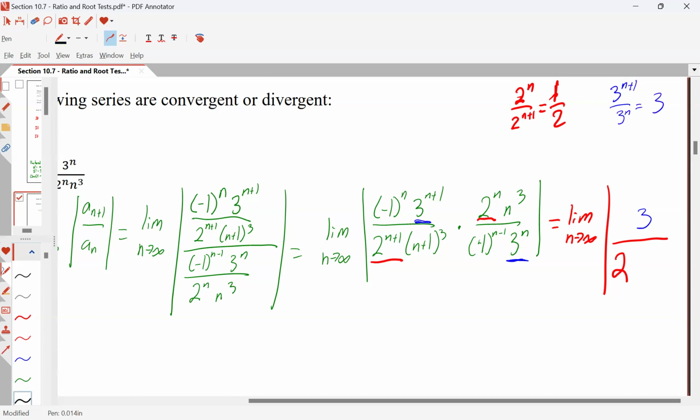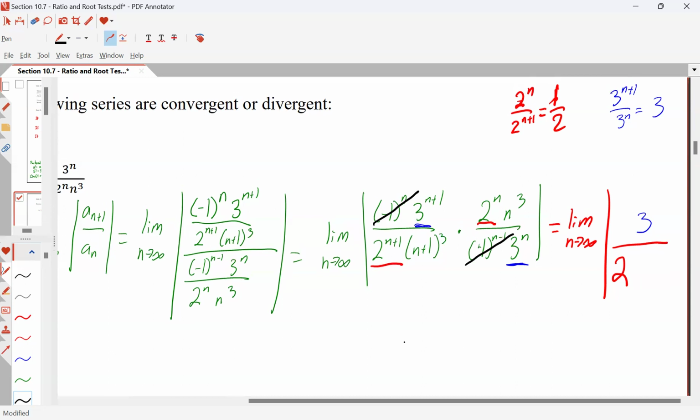And we have a -1 to the n over a -1 to the n minus 1. These cancel each other out to just be -1, but we are looking at the absolute value, meaning the -1s don't actually affect anything anyway. So not only do they cancel each other out, they completely go away because we don't need to worry about these negatives.